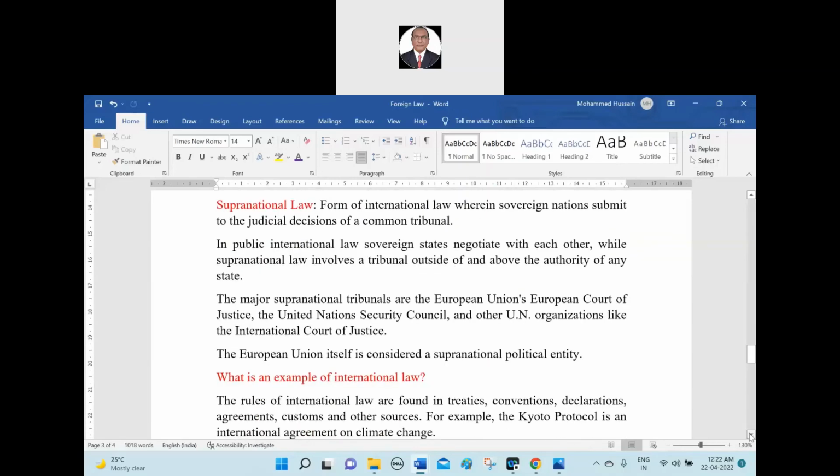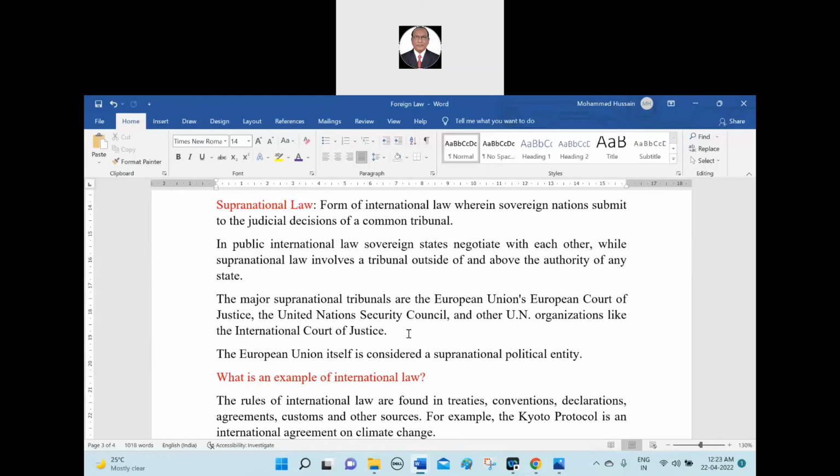The major supranational tribunals are the European Union court, that is the European Court of Justice, which is a court; the United Nations Security Council, which is also a tribunal or court; and UN organizations like the International Court of Justice, which is a tribunal and court where cases can be dealt with. That is called supranational law. This is just for explanation.